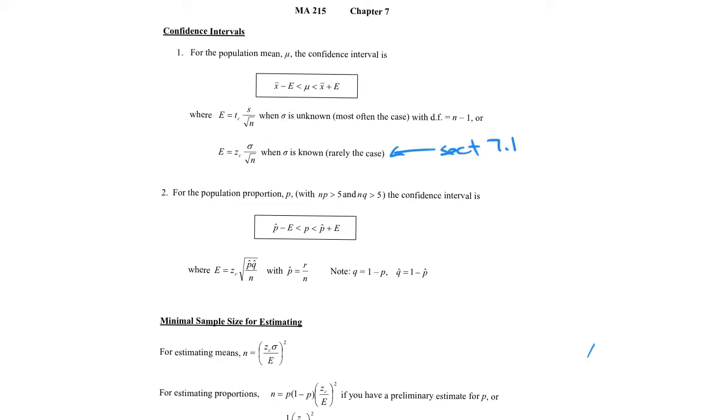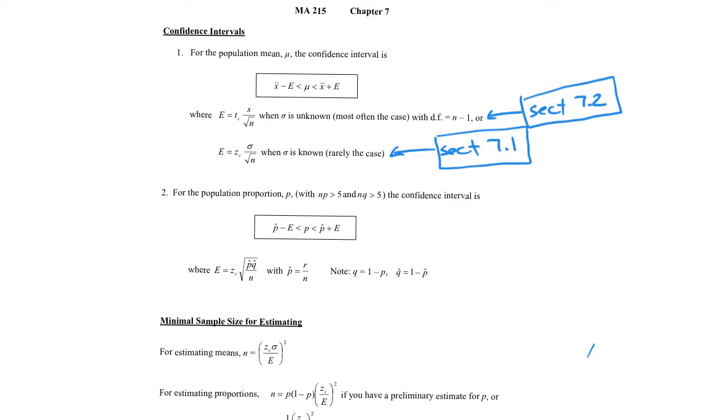Remember what we're trying to do: we are trying to build a confidence interval around the population mean. Typically, if we don't know the population mean, we also wouldn't know the population standard deviation. So section 7.2 is this case, and section 7.1 is here.